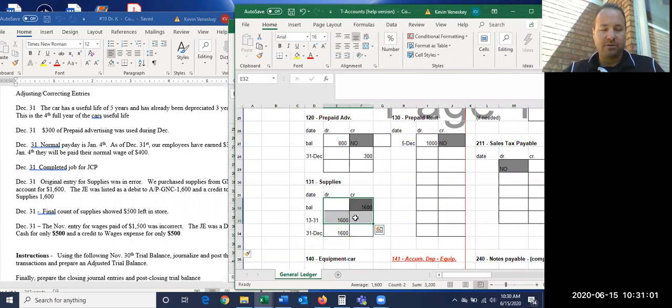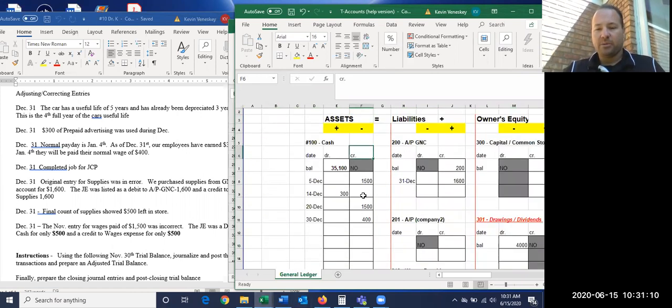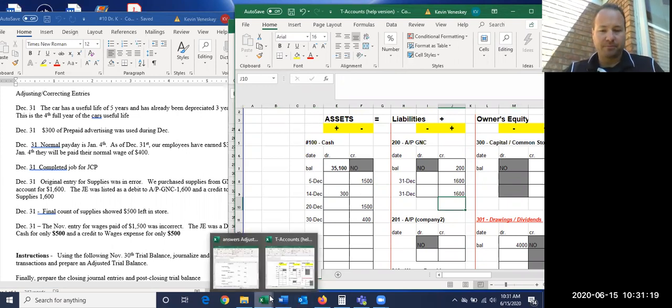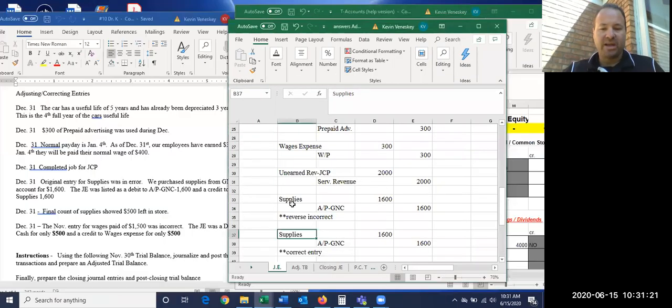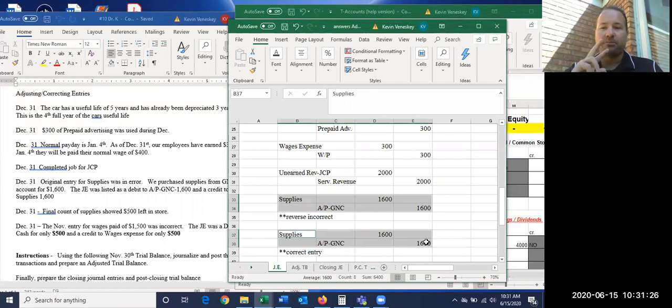So this was zeroed, and now we have a $1,600 balance, which is where it should be. And we need to put in $1,600 where it should be into our AP. We have the exact same entry. In this case, whenever the journal entries are simply flipped, you have to do the same entry twice. Undo the wrong one, and then put in the right one.